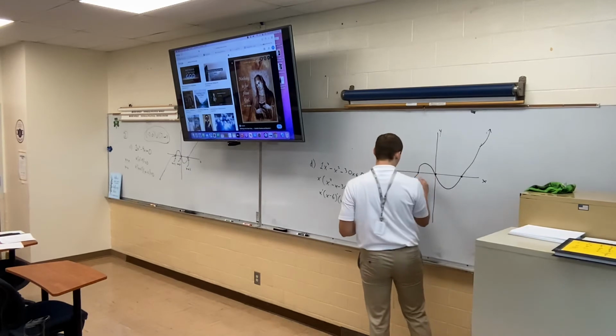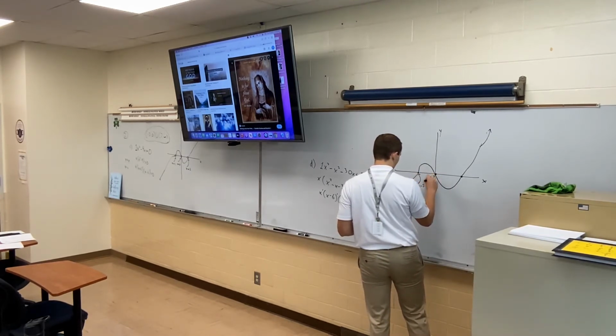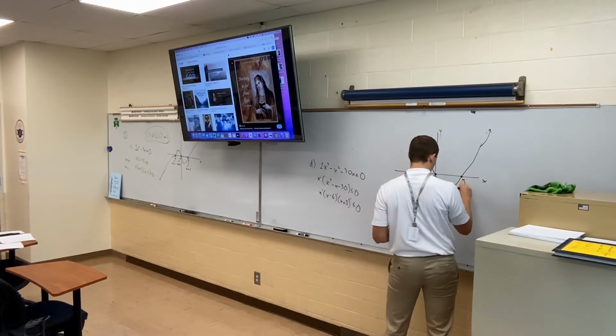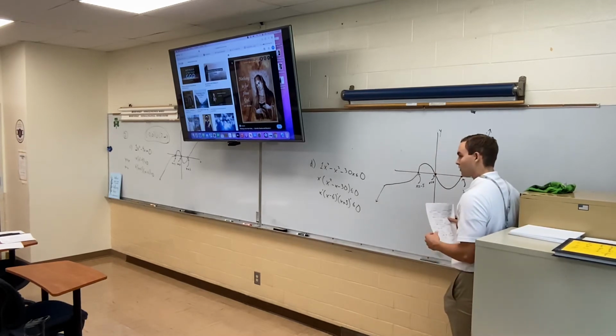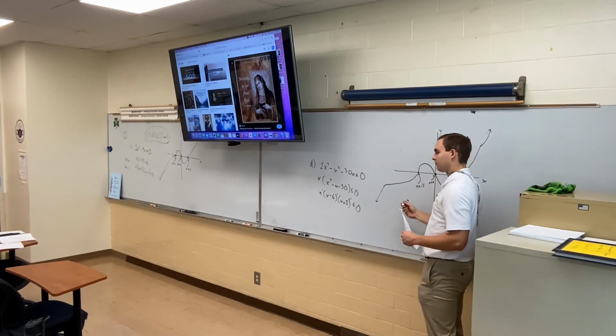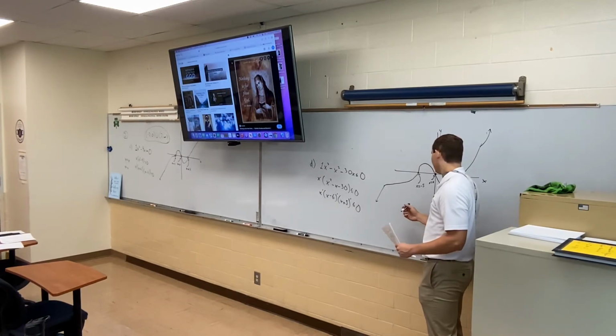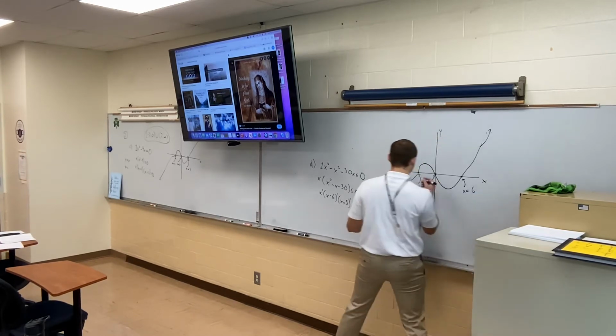So this is x equals -5 right here. That's where it's above. I want where it's below. All right, someone to help Maddie out. Maggie? Yeah, so from -infinity to -5, I'm below the x-axis.